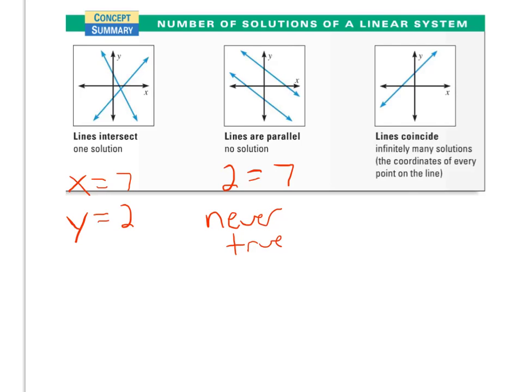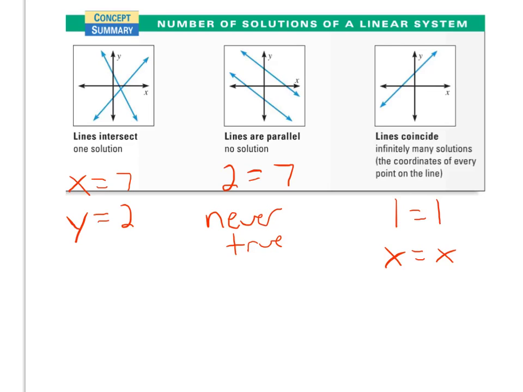So that means there's no solution, since 2 never equals 7. And an answer where lines coincide, or there are infinitely many solutions, might be when you get an answer like 1 equals 1, or x equals x, because those things are always true. 1 always equals 1 and x always equals x.